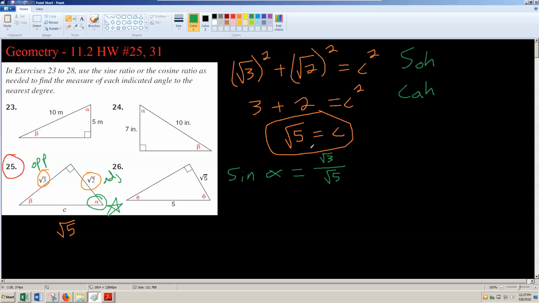So I'm just going to do inverse sine of this. I'm going to make my calculator do it for me. So my next move here is to do sine inverse on both sides. So on the left, this is going to drop off and just leave me with alpha. So alpha equals inverse sine of root 3 over root 5, which gives us approximately, so let's check this out.